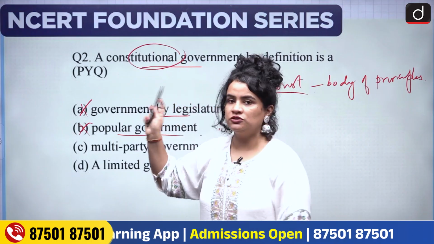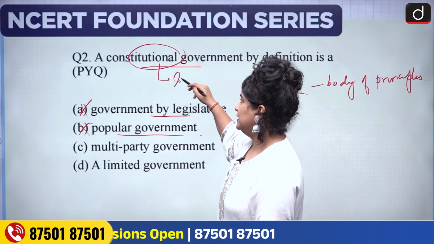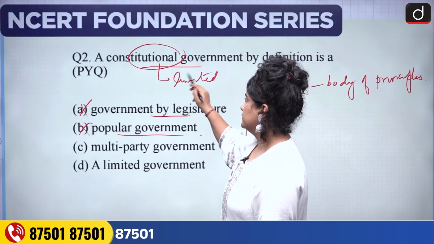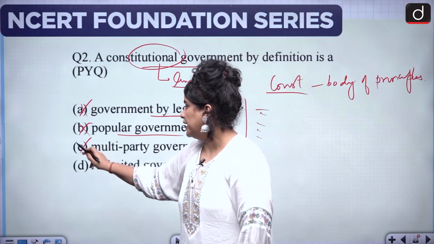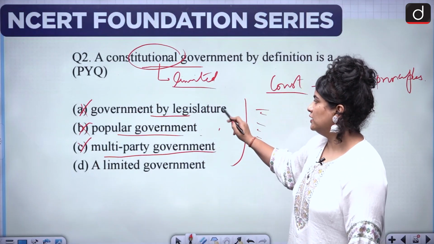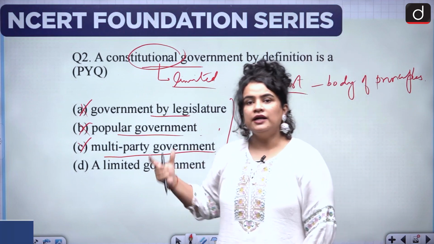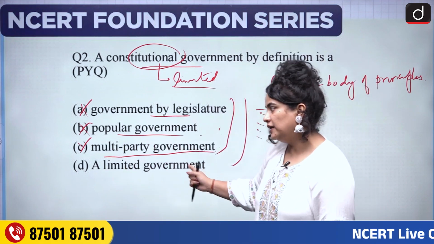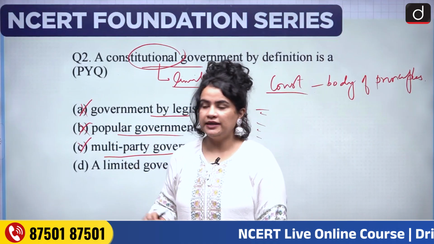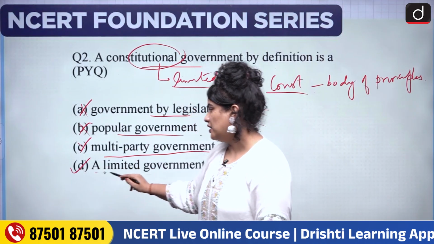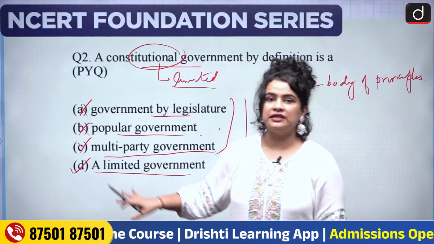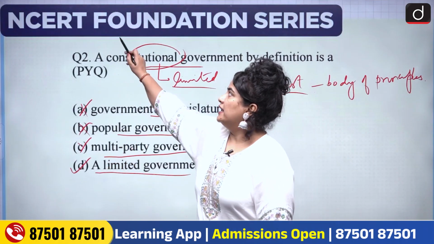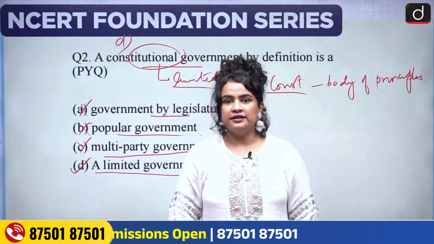The word constitutional itself implies limited. Again, multi-party government, these are all referring to a democratic form of government. But essentially, fundamentally, in its most basic sense, a constitutional government actually means a limited government, and therefore option D is our correct answer.